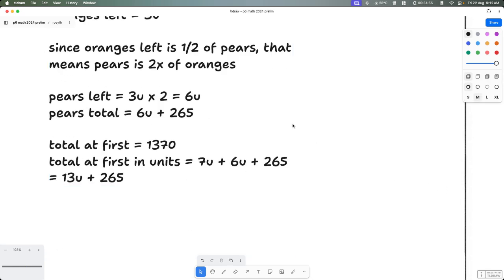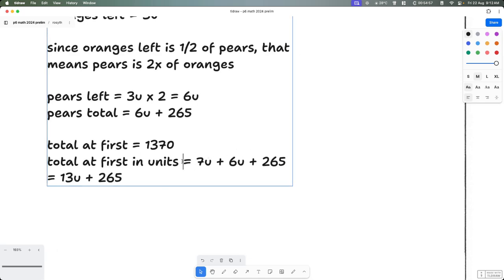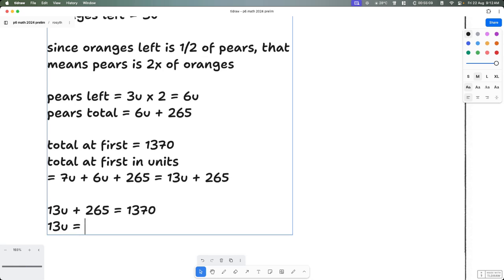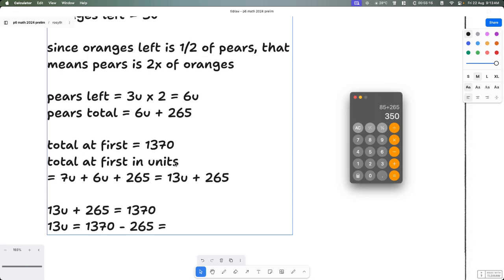So since they are the same, 13 units plus 265 is equal to 1370. 13 units would then be 1370 minus 265, so let's use the calculator, 1370 minus 265.